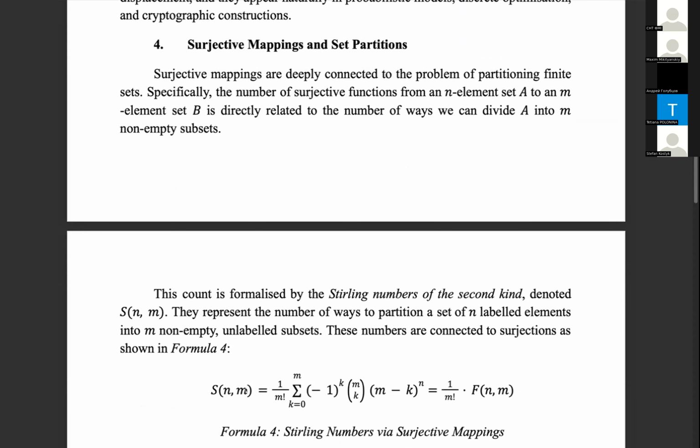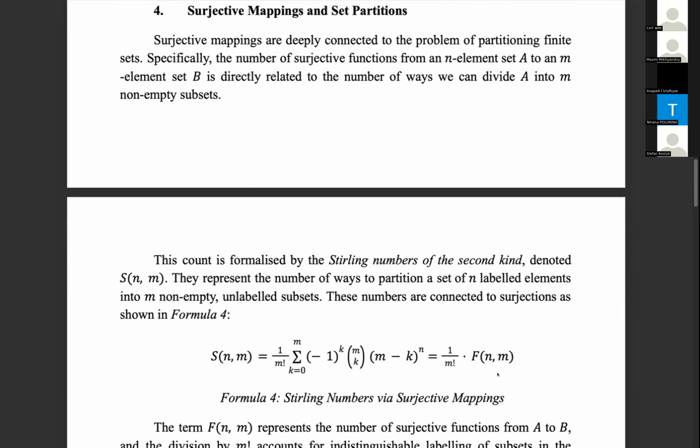There is a beautiful relationship in which the number of surjective functions from an n-element set to an m-element set, divided by the permutations of m elements, is exactly equal to S(n, m), which is shown in that formula.